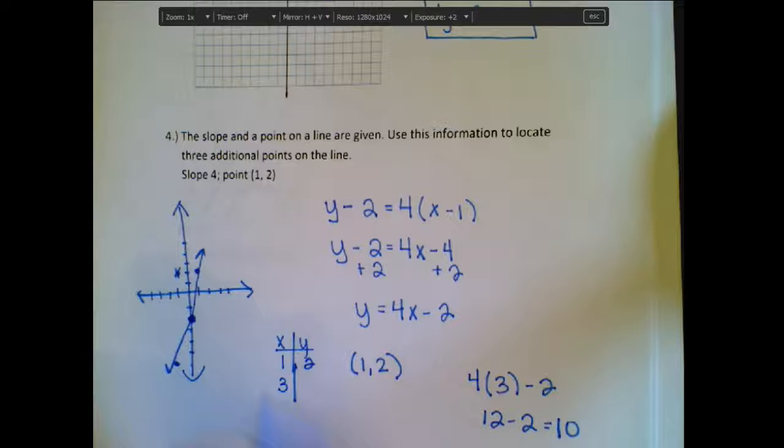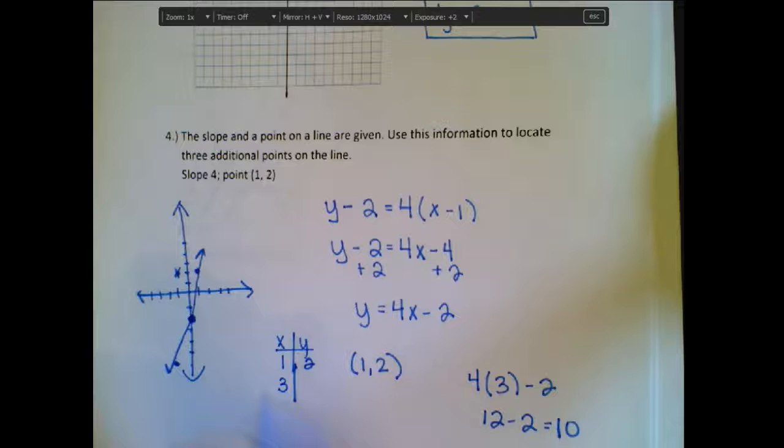Once I've found my slope, I can use that point-slope form, which is y minus y1 equals m times x minus x1. I know what my m is now. My y1 and my x1, I can pick either one of these points. I'm going to go ahead and pick this point. Only reason I'm picking that is because these numbers look a little easier than these numbers.